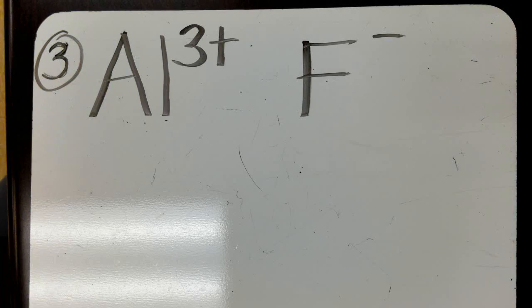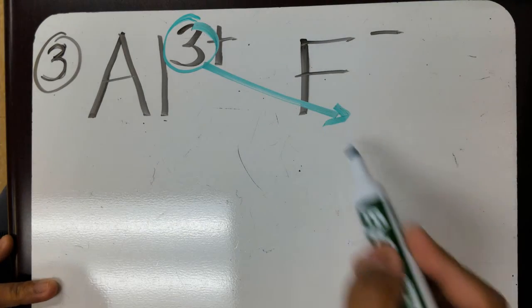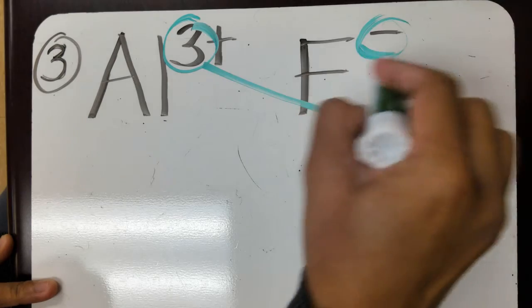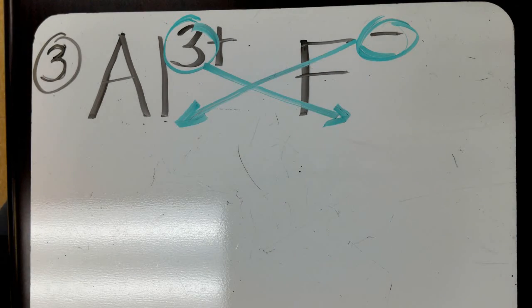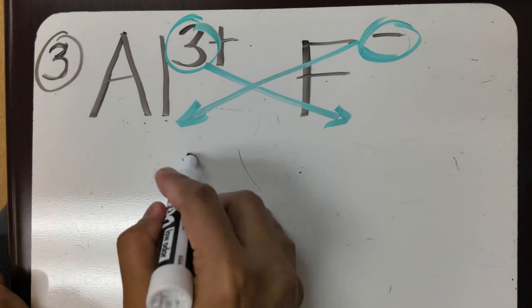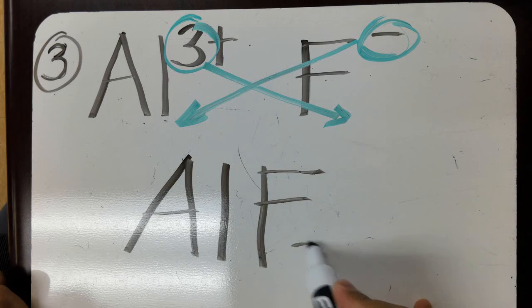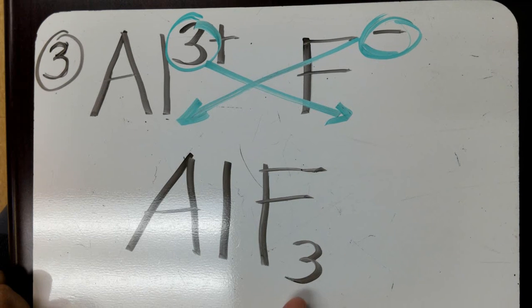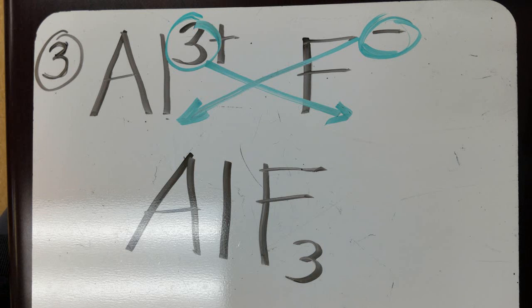Therefore, mentally, you know that the 3 will go to F and the 1 here for F will go to Al, and so the resulting chemical formula is Al F subscript 3. I know in the chat you cannot put a subscript 3. It's a big 3 right there, but when you write it by hand, make sure that you write it as a clear subscript.